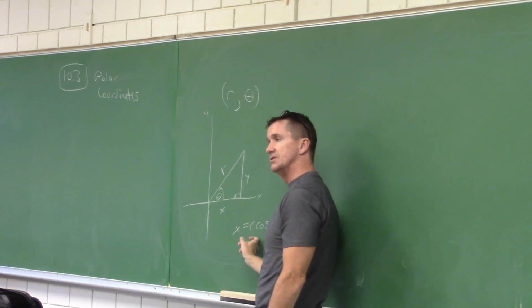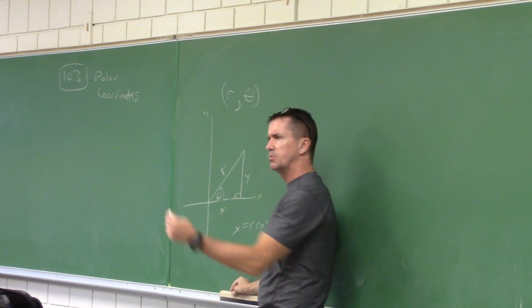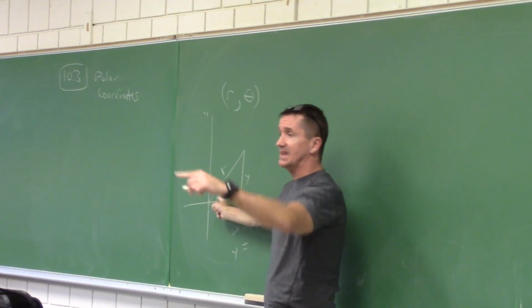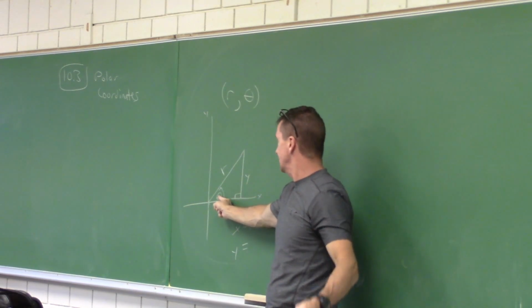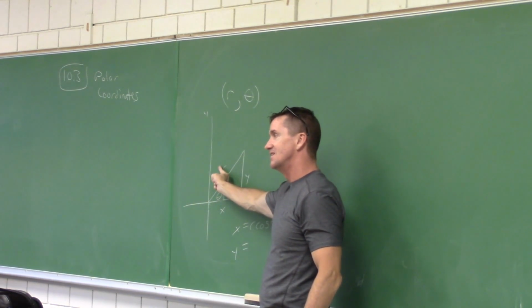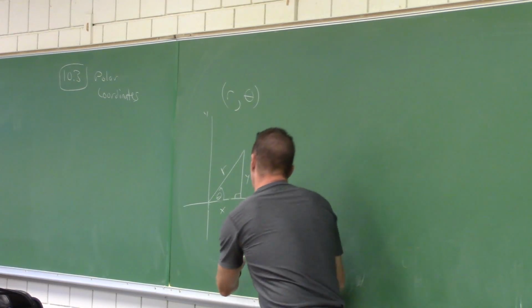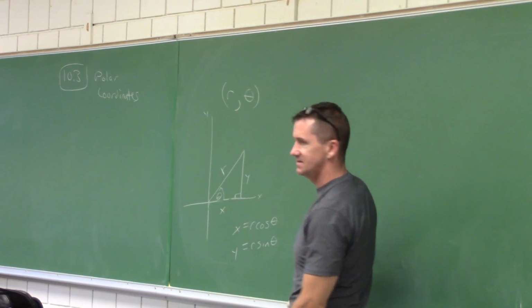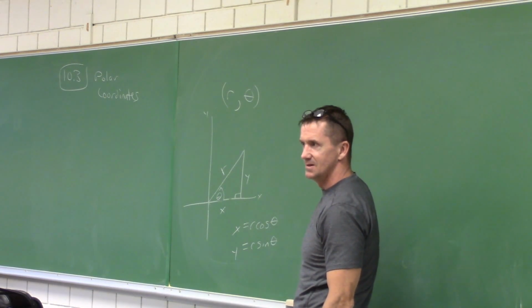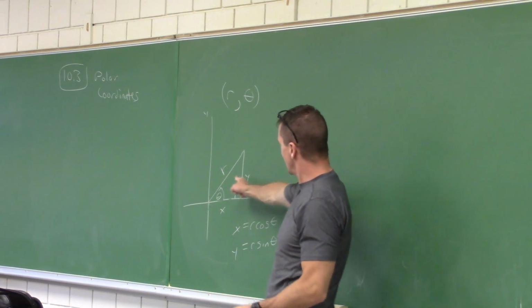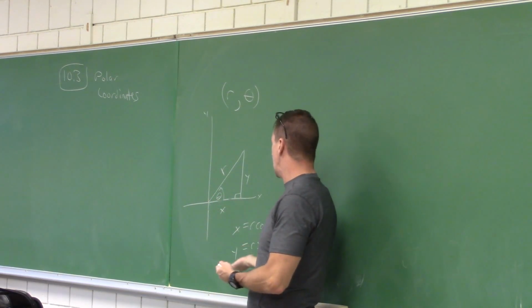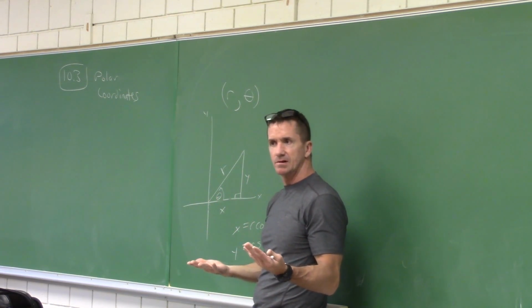What would y equal though? Sine of theta, I'm doing SOHCAHTOA, sine of theta is y over r. So y equals r times sine of theta. Isn't this cool? Just make that triangle, do a little SOHCAHTOA, and you'll know these. Now, can someone give me an equation with the Pythagorean theorem? We should put it down.